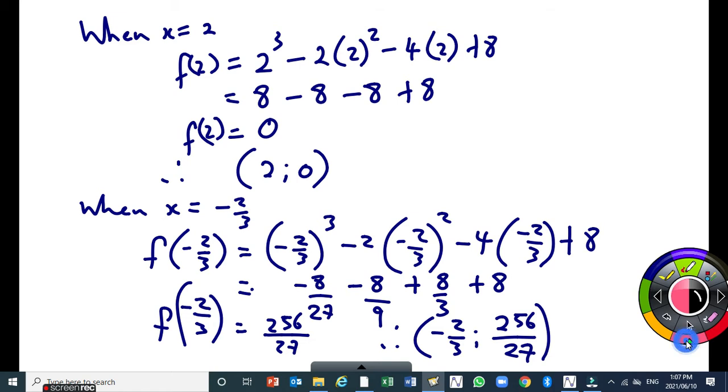Okay? So take note of our two turning points. These are our two turning points.